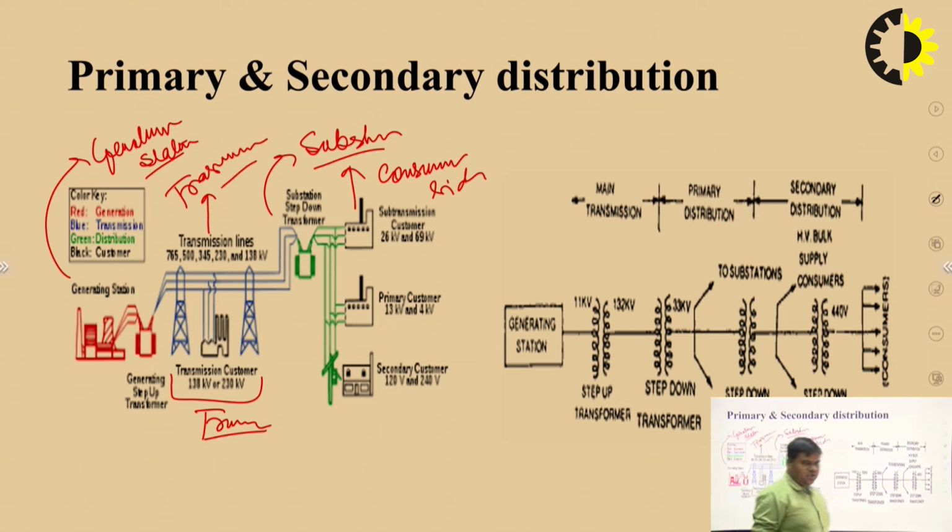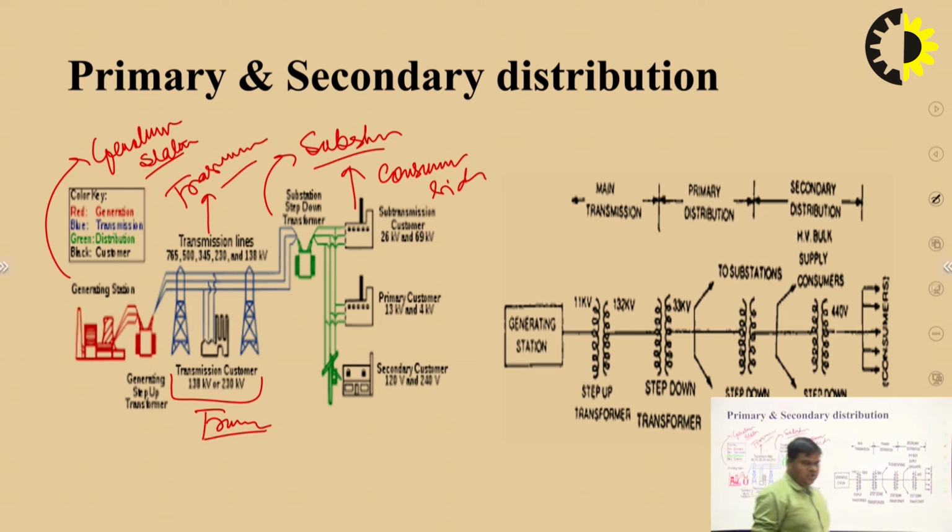This voltage level distribution is called primary distribution in power system operation and control. So 11 kV and 33 kV are the high voltages used on the higher voltage side in commercial, industrial, and railway traction purposes. These are the heavy loads.